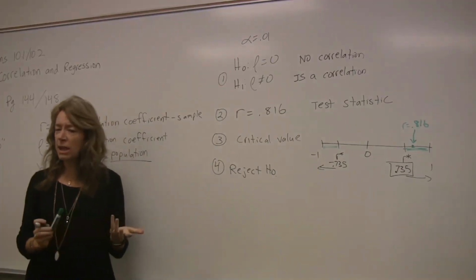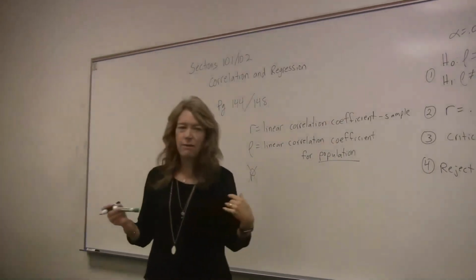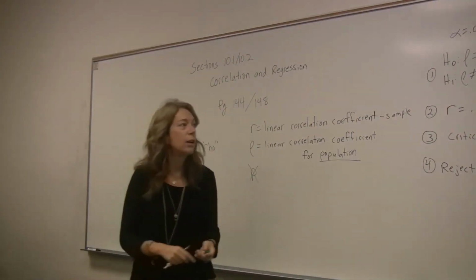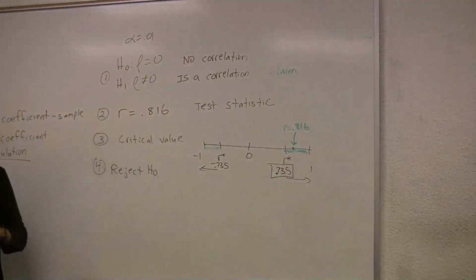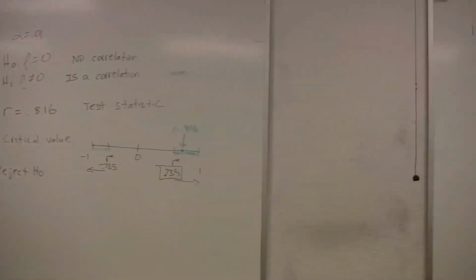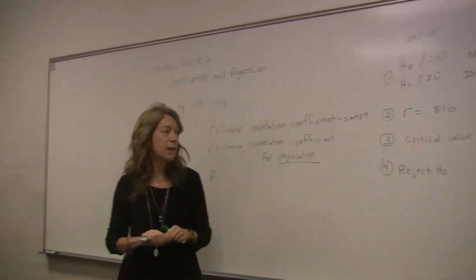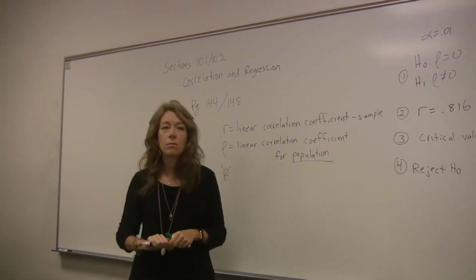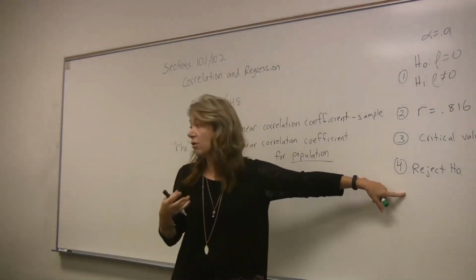And the conclusion is tricky because it doesn't say test the claim that. A lot of you say, I'm just going to restate it. Now this one does say test that there is a linear correlation, so I guess we could say that this one is a claim, because this one actually said it. You'll see ones coming up where they don't tell you what the claim is, and we'll talk about how to write the conclusion. So what's my conclusion? There is sufficient evidence to support the claim of a linear correlation.